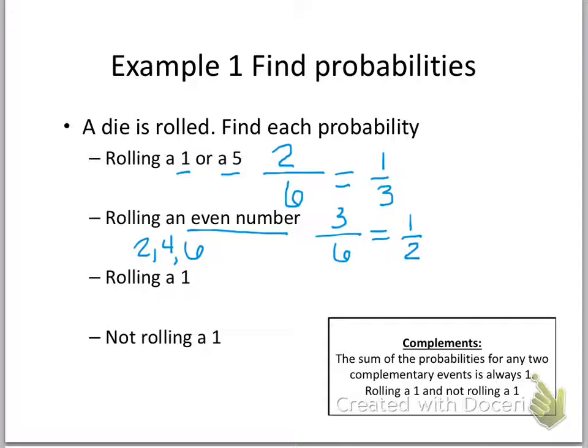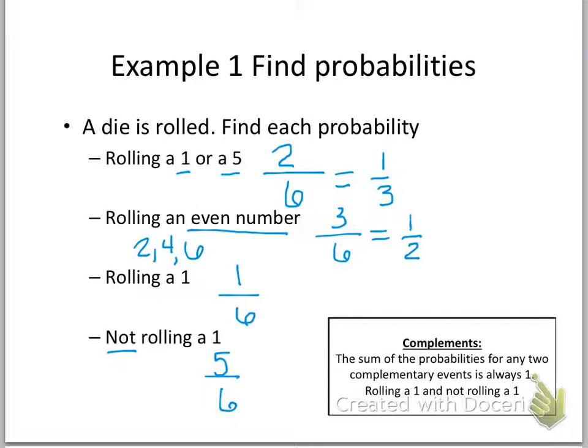Okay. Rolling a 1. How likely is it that I will roll a 1? Well, remember, there's 6 possible outcomes, and only one of them is a 1. And that cannot be simplified. How about not rolling a 1? 6 possible outcomes, 5 of them are not 1s.